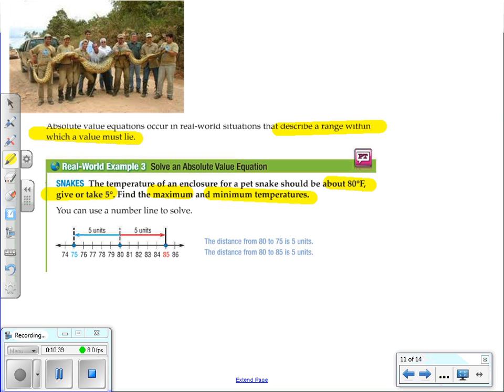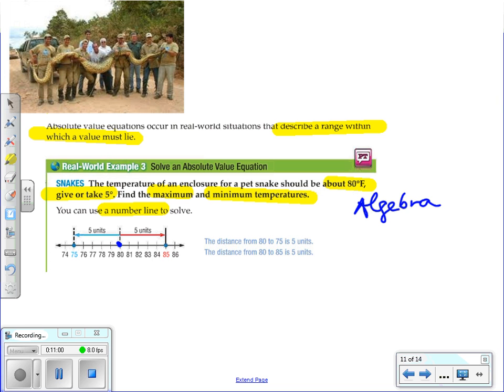Okay. So what we could do is use a number line to solve this problem, or you can use some algebra, and we'll do both, okay? So here we know that it's at 80 degrees right here, right guys? And it says give or take.